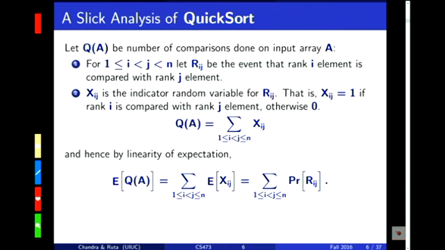And because this is an indicator random variable, the expectation is just the probability of that event. So the only thing left to finish this analysis is to compute the probability of Rij. If we can do this, we get the expected running time. This will also give the worst case expected running time, because I didn't make any assumption on the array A. It can be an arbitrary input array.